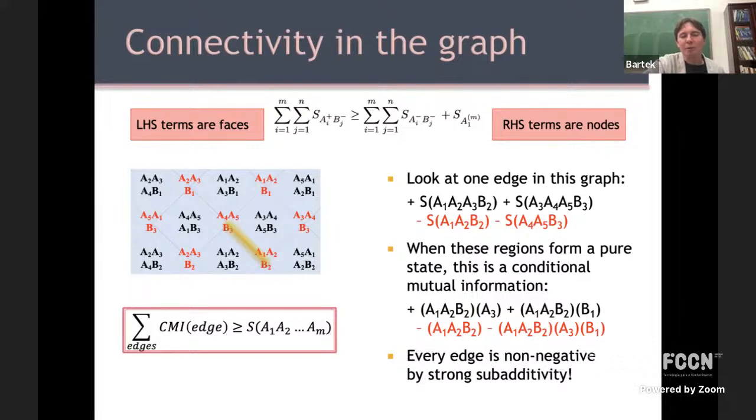Without the Ryu-Takayanagi proposal, all we could say is that I have a bunch of conditional mutual informations. They're definitely non-negative because of strong subadditivity. But now I say that collectively they are greater than or equal to, not just 0, but some other quantity, which is itself greater than or equal to 0. That's the improvement. And that improvement is exactly that one extra term.